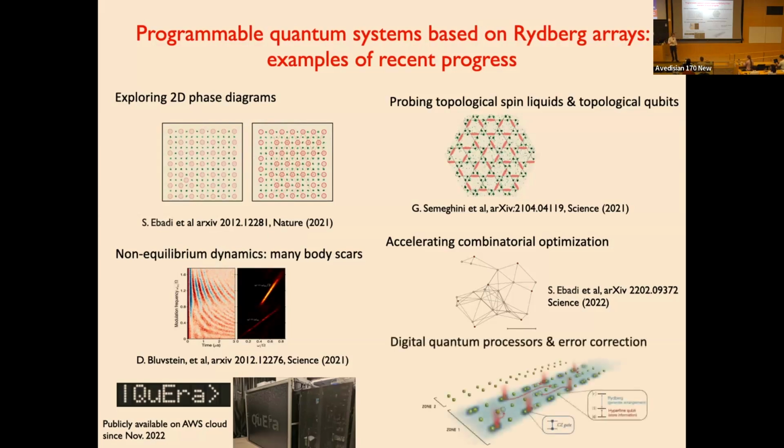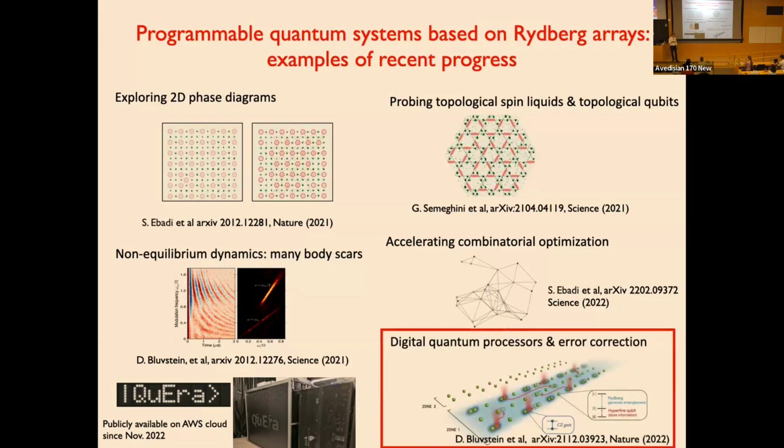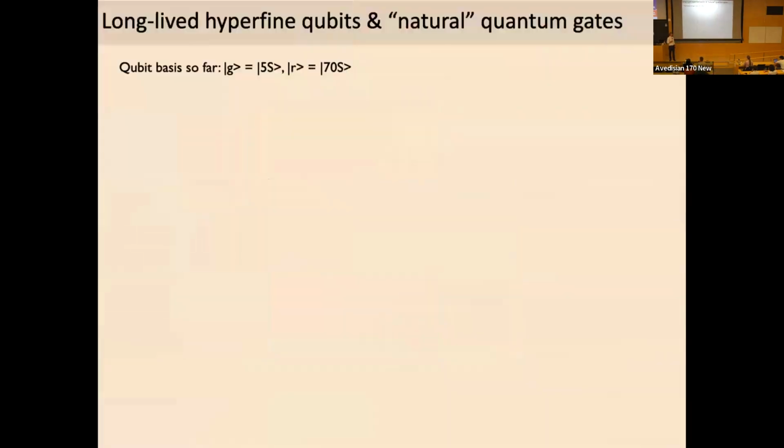My second part will focus on using the same platform in a different modality. It will focus on using it for digital quantum processing, and it will also be closely connected to the quantum error correction frontier.